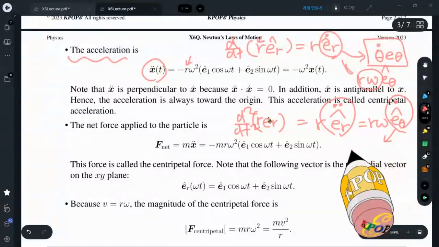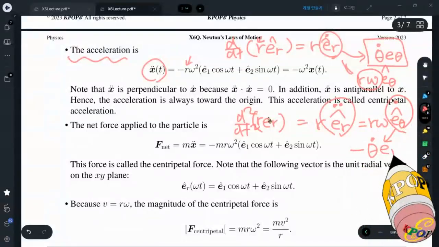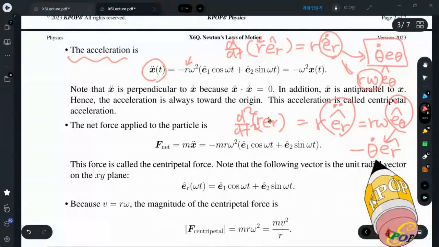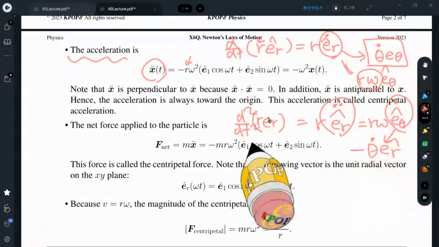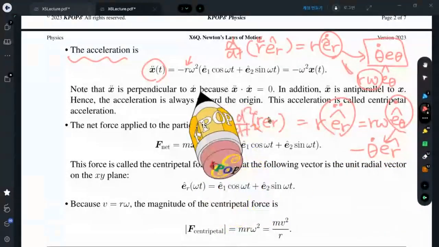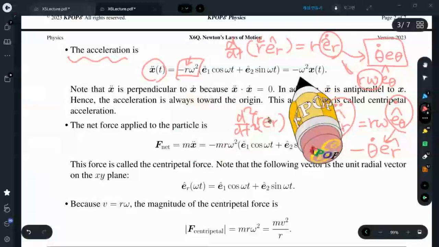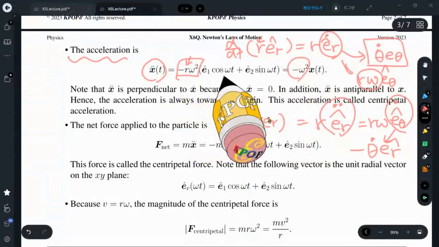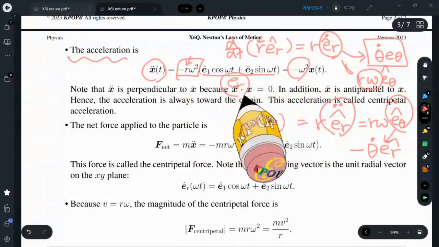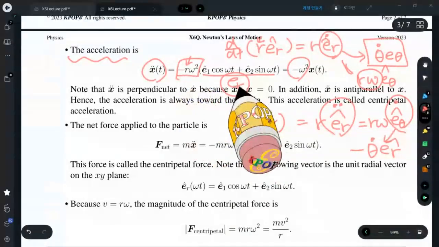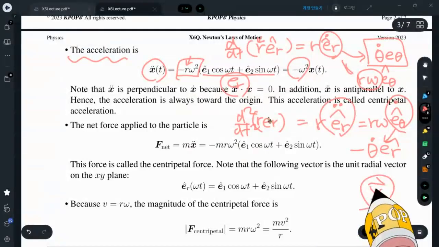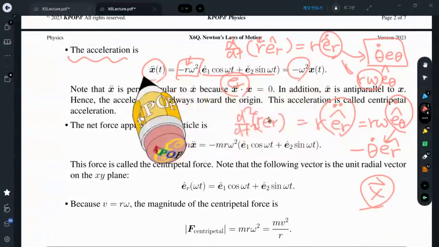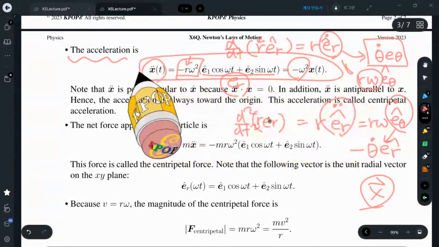And we know this is minus theta dot e_r, and this theta dot is omega in this problem. Therefore, we have minus r omega squared e_r. And r times e_r is the x vector itself. Therefore, we arrive at this one.